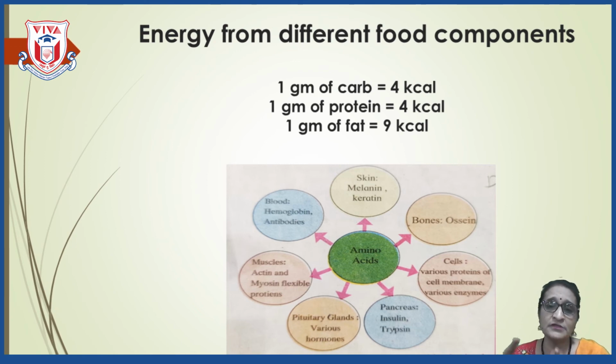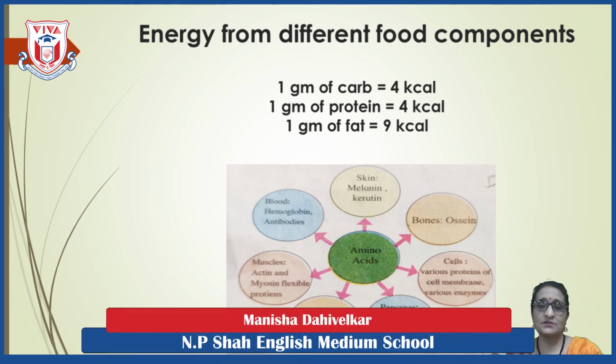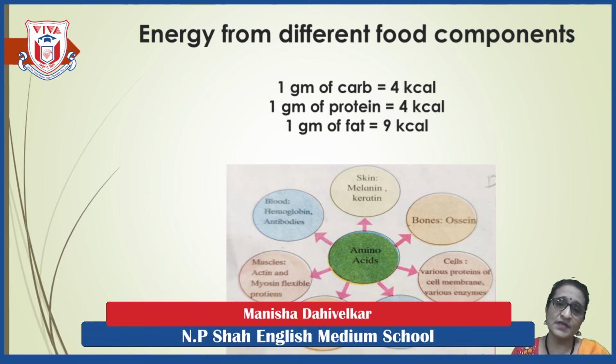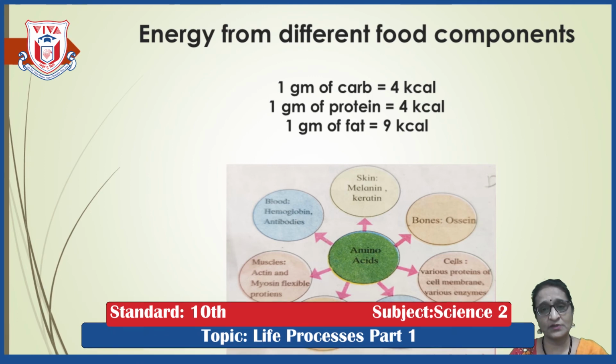For their important functions to be performed in the body. They have various other functions to be performed in the body. That is why these nutrients are spared by carbohydrates, and carbohydrates themselves are mainly used for energy production.